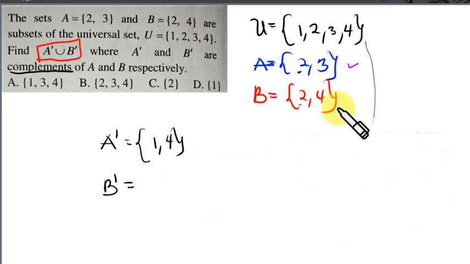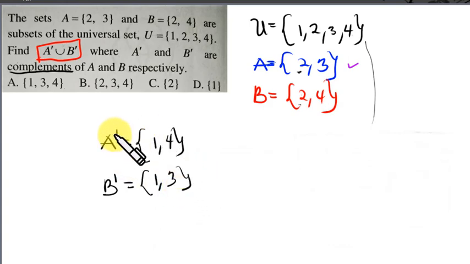And if we are talking about B complement, it simply means not B, not the set B. The set B, we have 2, 4. So what is not in the set B? Of course, we don't see 1 here, and we don't see 3 here. So what are the set of elements that complement the set B to get the universal set, that is the whole set? If I check correctly, I don't see 1 in B, so 1 is part of it, and I don't see 3 here, so 3 is part of it.